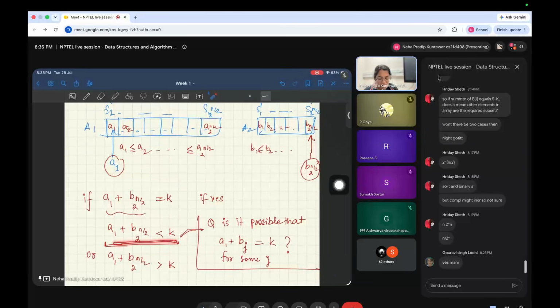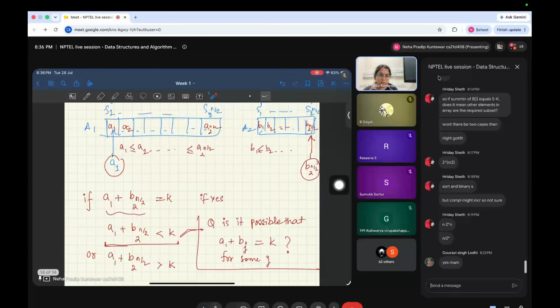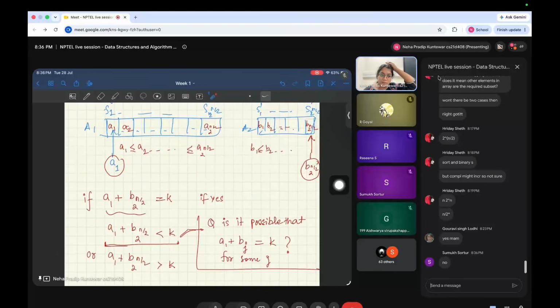So if this sum is less than k, is it possible that by replacing b2 to the n by 2 with some other element here, I get a sum equal to k? Okay, good. Exactly. So you can't do that because any element before this is smaller.